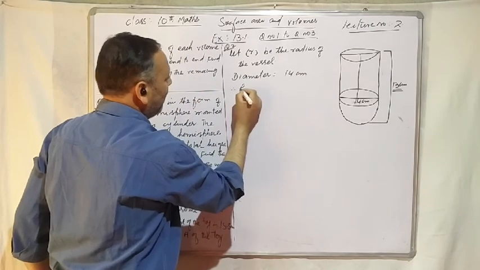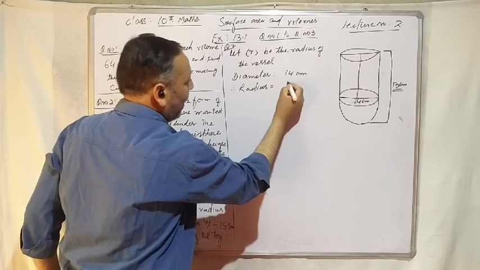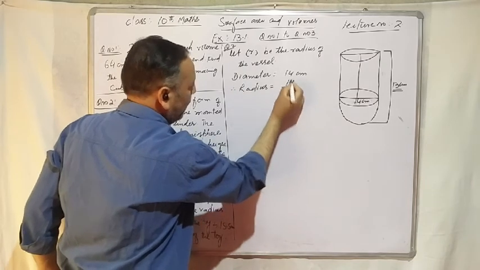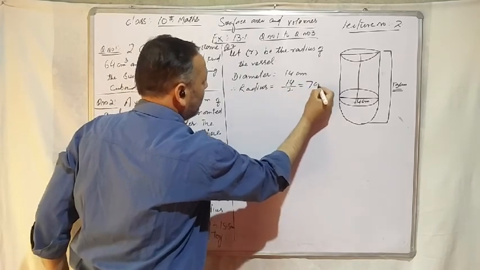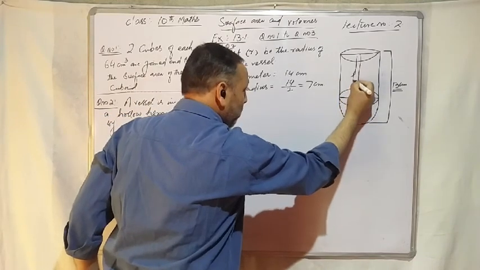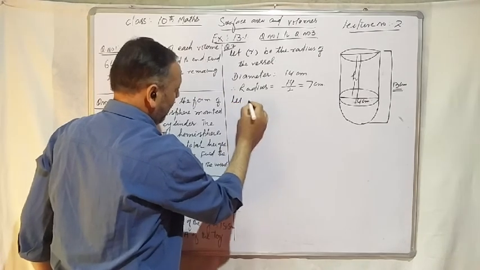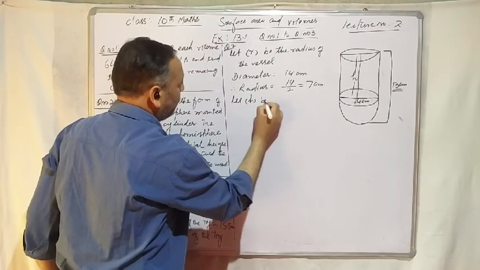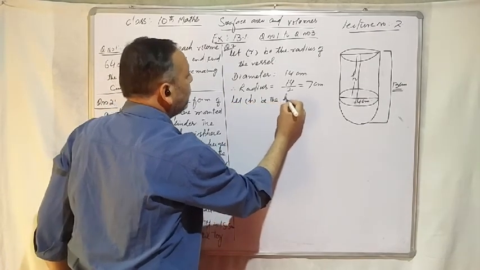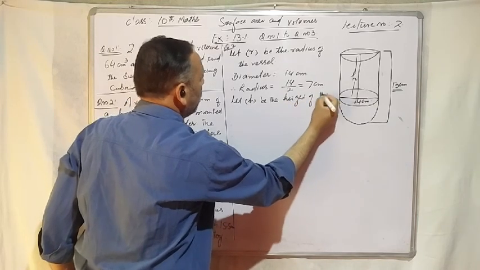Therefore, radius is equal to diameter divided by 2. That means 14 by 2 is equal to 7 centimeter. So let me keep this height of the cylindrical portion as h centimeter. Let h be the height of the cylindrical portion.